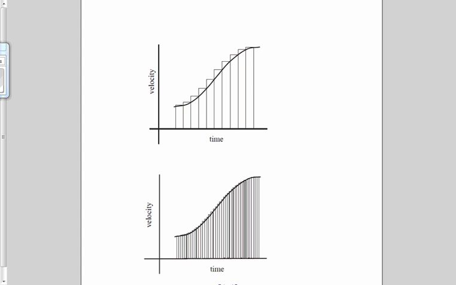Now again, what we're doing is we're approximating area under the curve. And this is going to be a big topic for us over the next bunch of weeks.